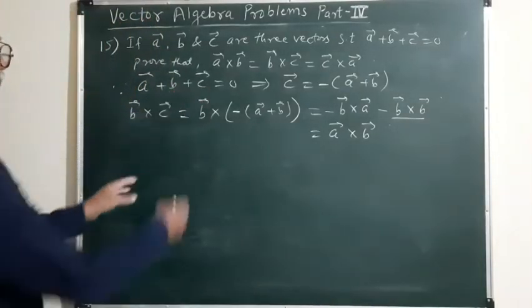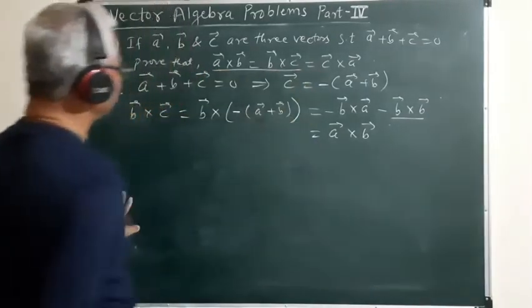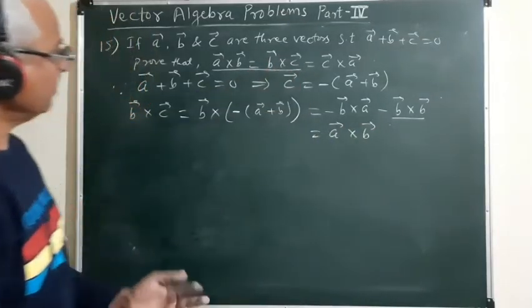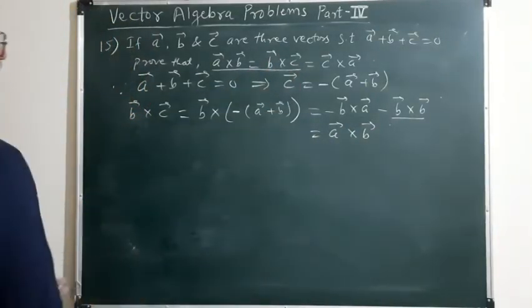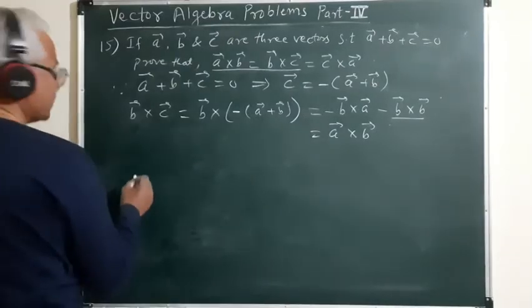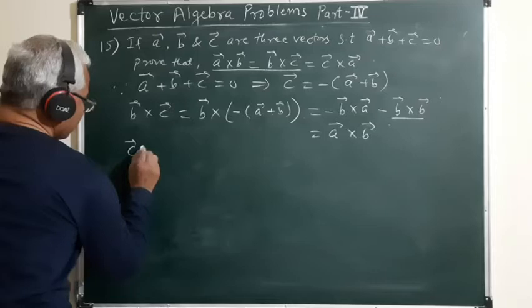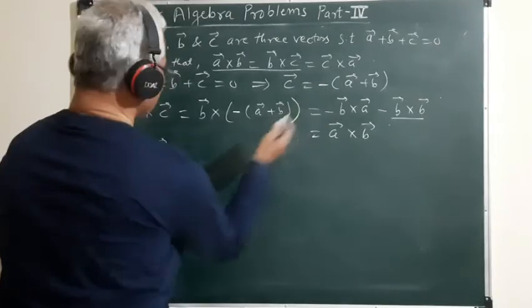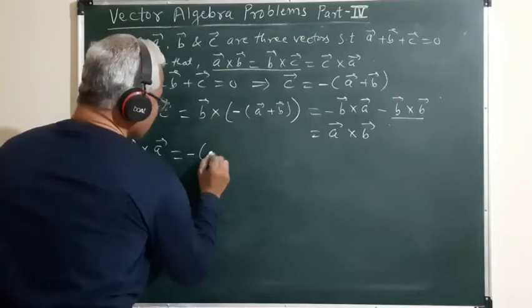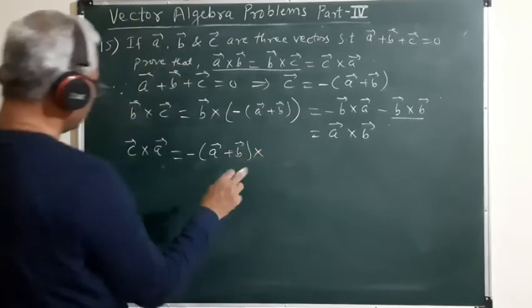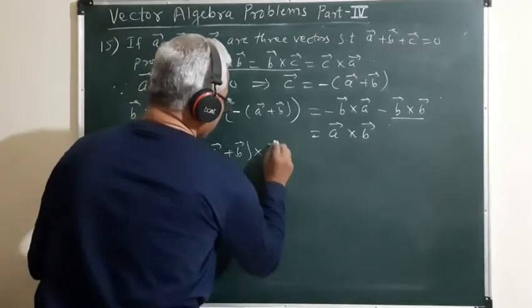So we have proved the first part of the identity, that b bar cross c bar is equal to a bar cross b bar. Then let us see the next part, that is to evaluate c bar cross a bar. So this c bar is to be replaced by minus of a bar plus b bar, cross a bar.